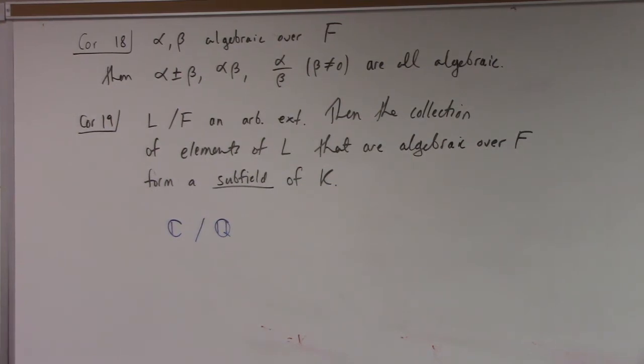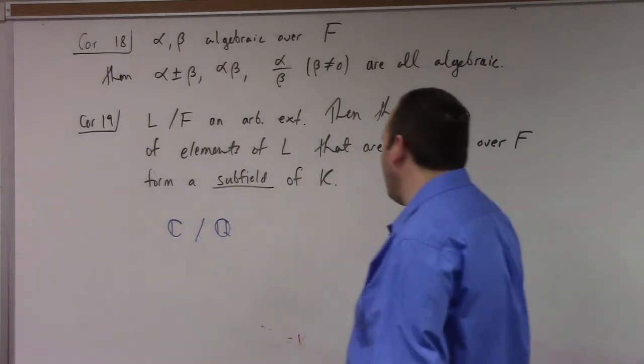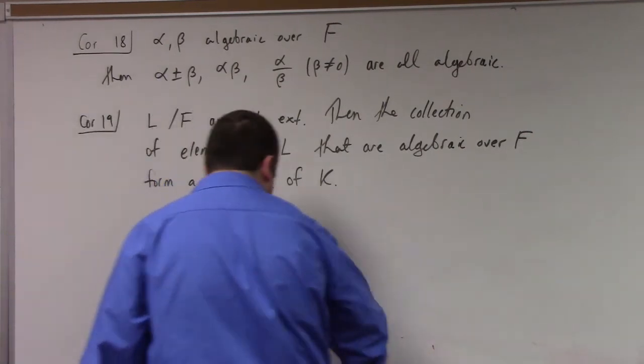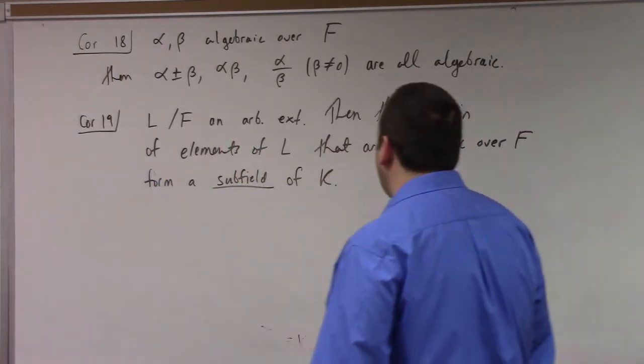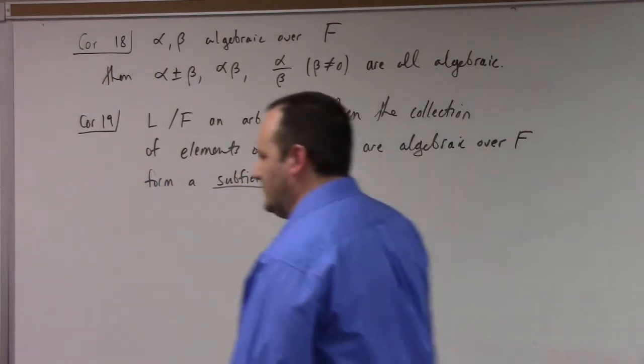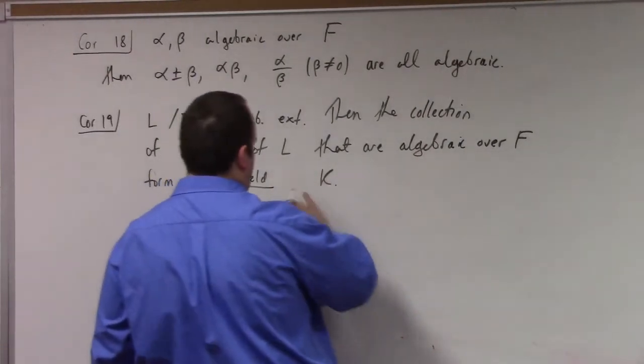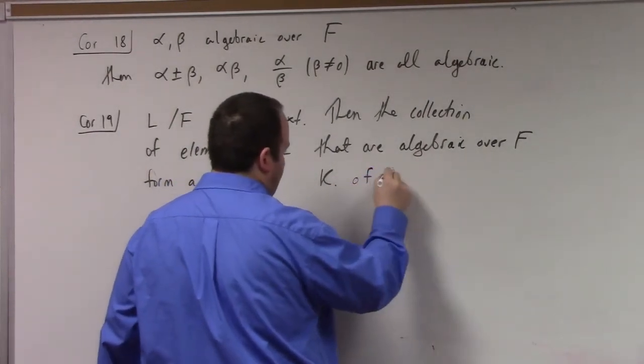I chose poorly. I think Q has got to be at the top, right? No, how would I say this? Oh, reals. Wait, where does it take us to corollary 19? That seems suspect, doesn't it? Oh, they form a subfield K of L. That makes more sense. Thank you.